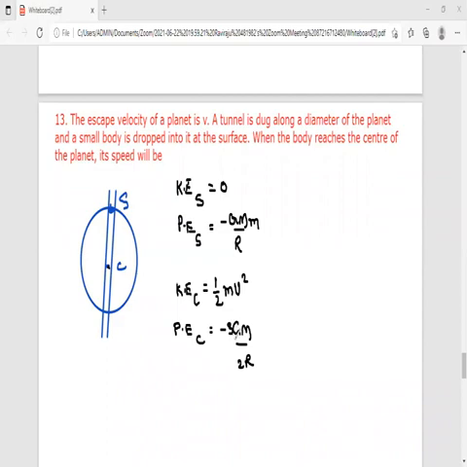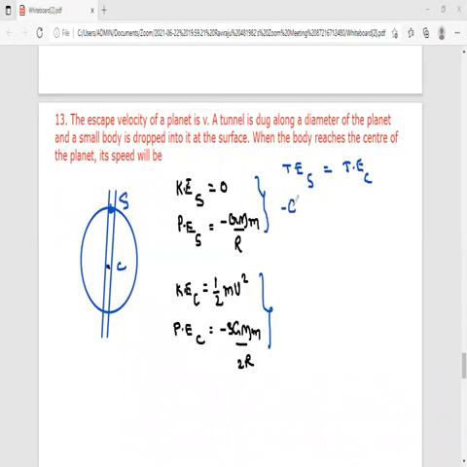Now you have to equate all of these, the total energy in the first case and the total energy in the second case. According to the law of conservation of energy, the total energy on the surface is equal to the total energy at the center also.